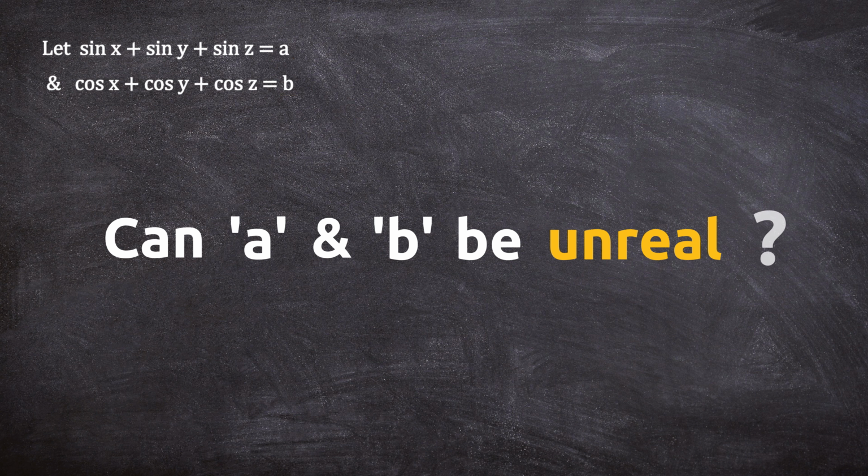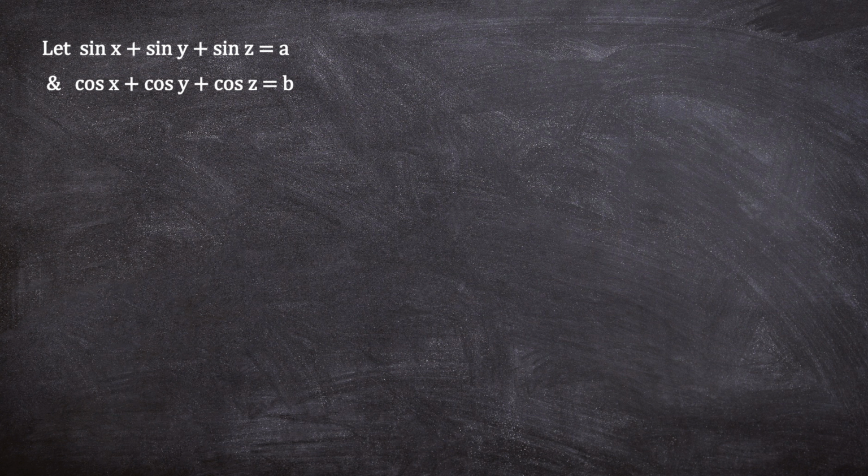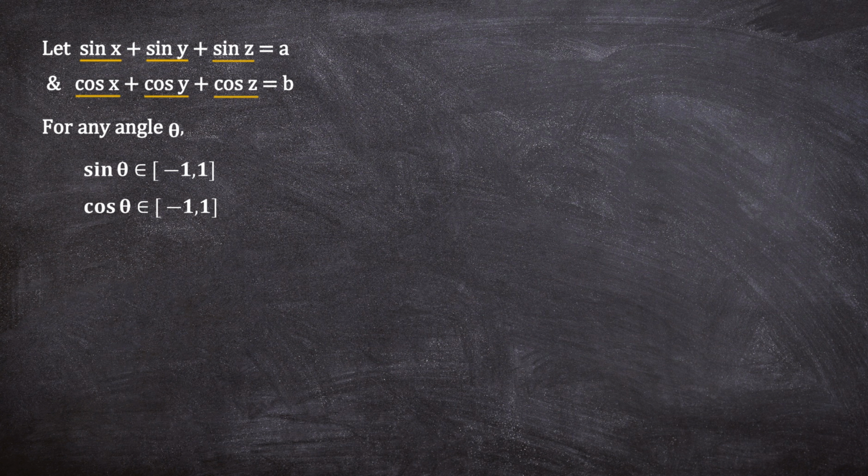As we know, the range of sin theta and cos theta is minus 1 to 1. That is, for any angle theta, sin theta and cos theta will always give a value in the range minus 1 to 1. And I don't think you will find any unreal number in this range. So that's why here sin and cos will be real. And as the left hand sides are real, we can say a and b are also real.